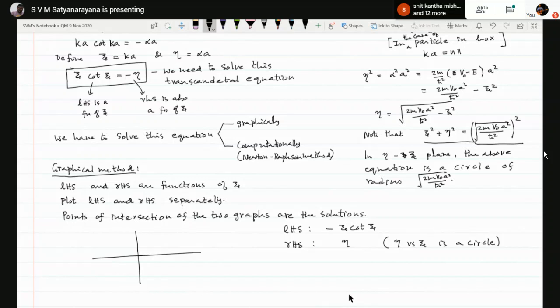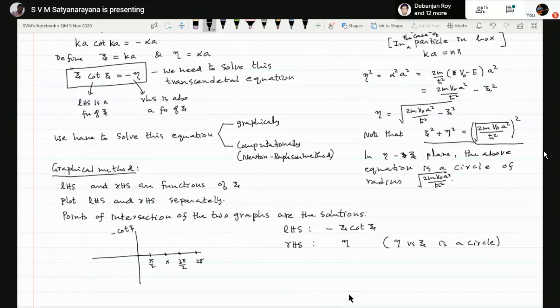Now let's say that you have 0 here and pi by 2 here, pi, 3 pi by 2, and 2 pi. Let's say it is like this. What is cot 0? First let us plot minus cot xi.